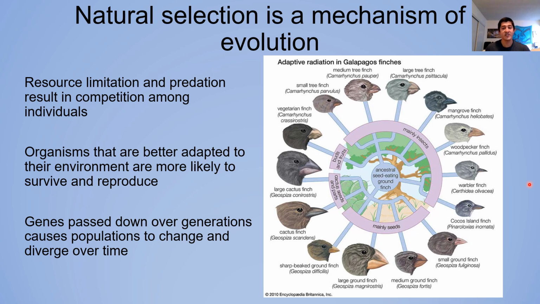And even within the seed eaters, maybe some of the seeds were really large and hard to break open. And if some individuals had a slightly larger or more powerful beak, they were better at getting to those harder to access seeds. And so this drives these species to change and take advantage of the environment in different ways that allow them to survive and reproduce.